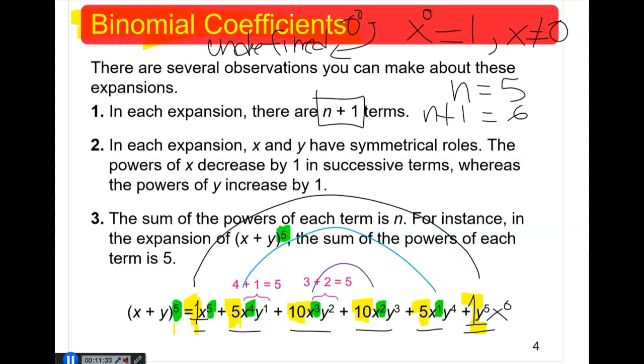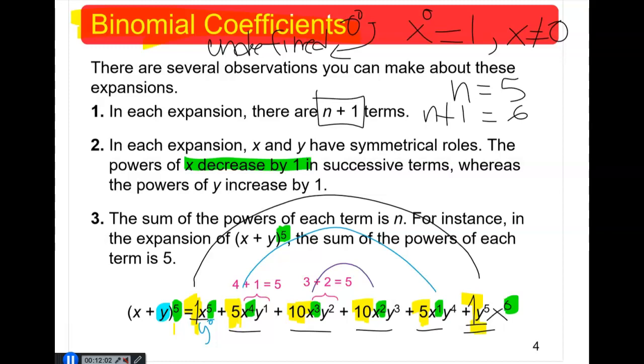So we could see the exponent for x decreasing. Then for the powers of y, which is the second term of the binomial, the first term has no visible y, so it's a similar case. We could assume that there is a y to the power 0 along with the x to the 5th.